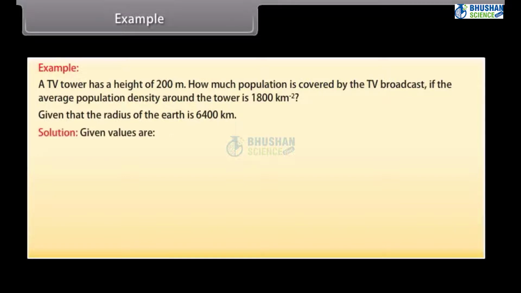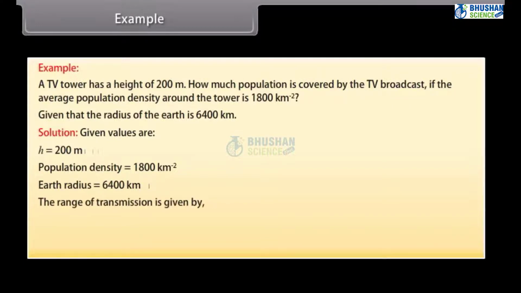Let's see the solution. Given values are h = 200 meters, population density = 1,800 per kilometer squared, Earth radius = 6,400 kilometers.